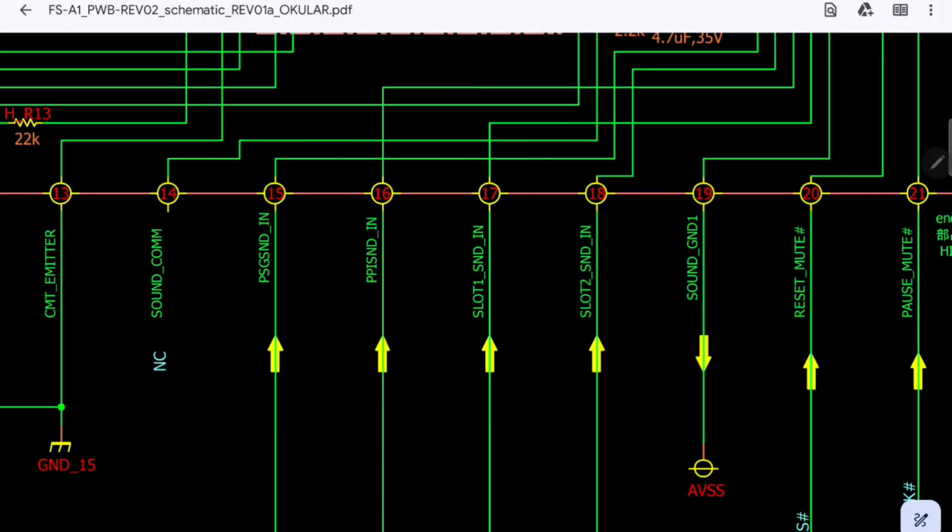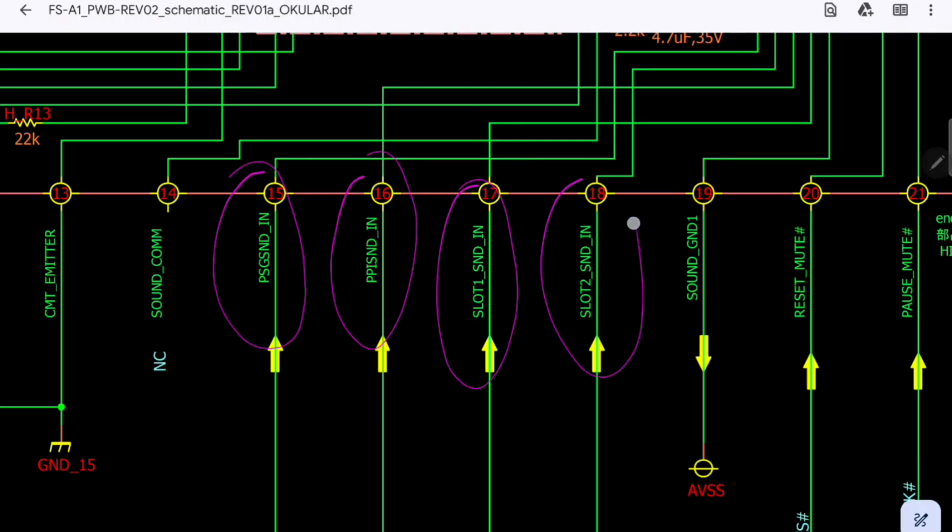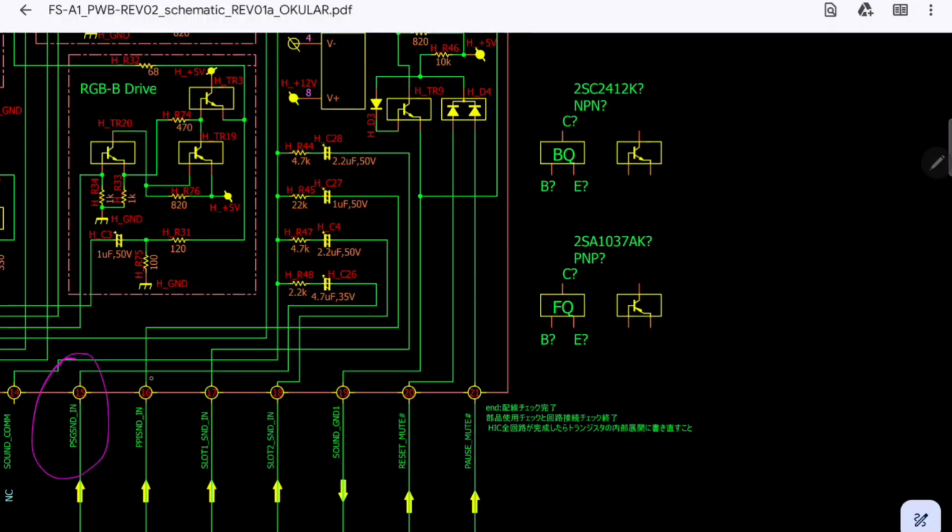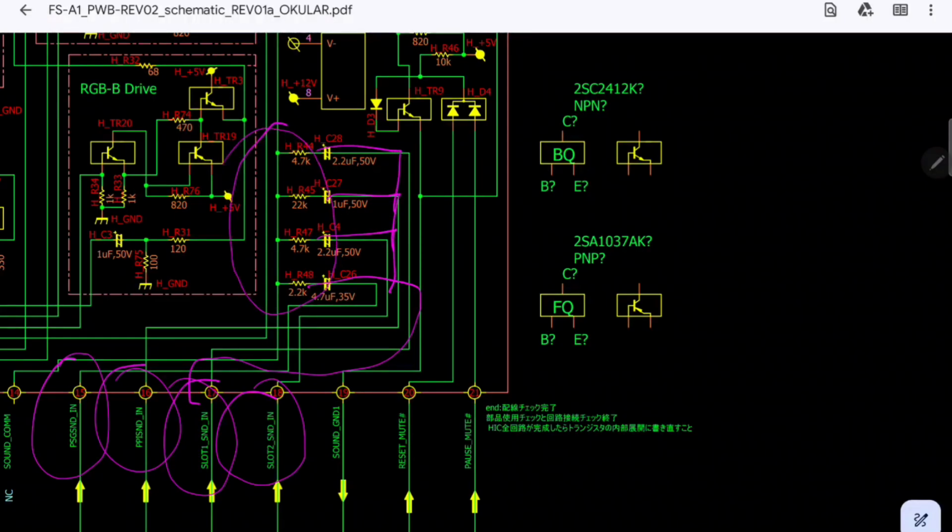Here you can see the audio inputs to the board, the PSG, the PPI, and the two cartridges. The first thing that happens to each of these audio signals is that each of them go through a decoupling capacitor and then they are mixed together.